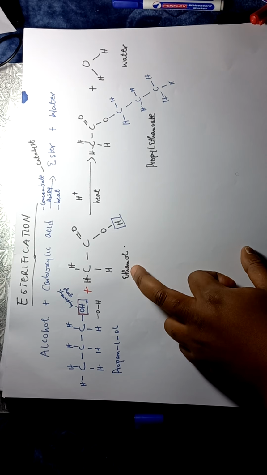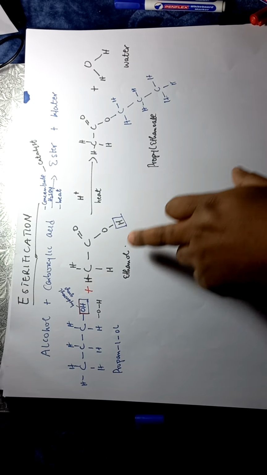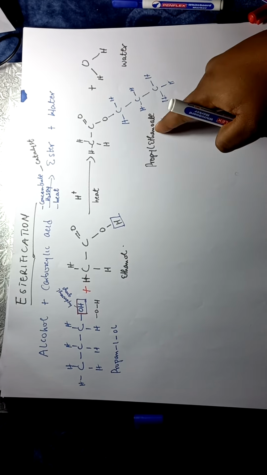I also want you to notice the pattern which happens here: the alcohol part will form the propyl, the carboxylic part will form the ethanoate.